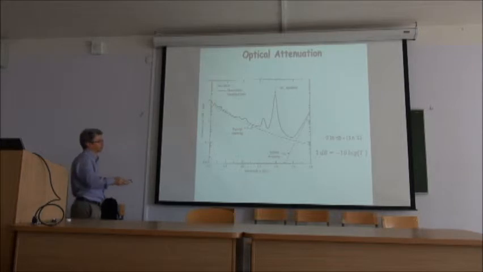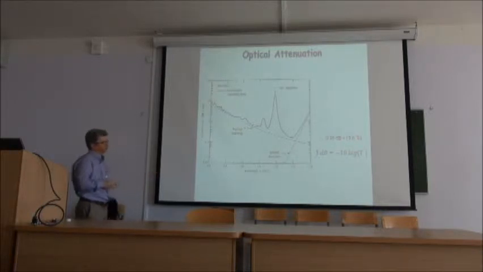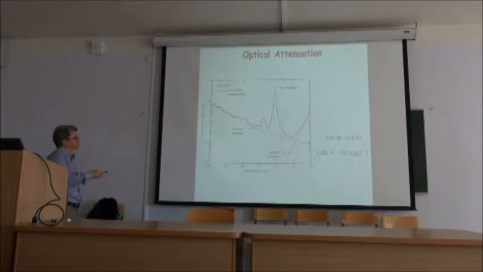That's why telecom communication nowadays is around 1.55 micrometers, where the absorption is at a minimum, and you can reach about 0.16 dB per kilometer. 0.16 dB is about 3.6%. That's incredible transparency for modern fibers.